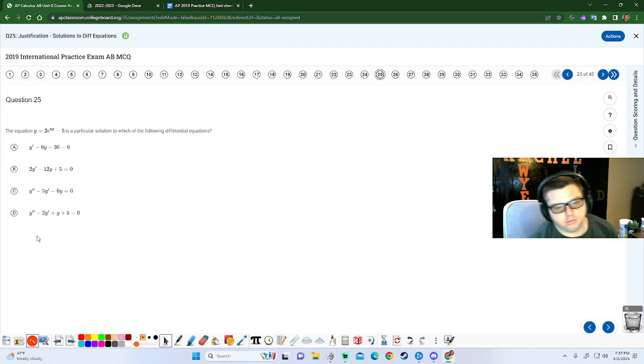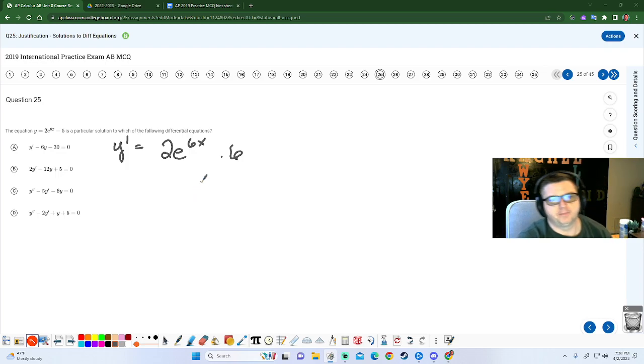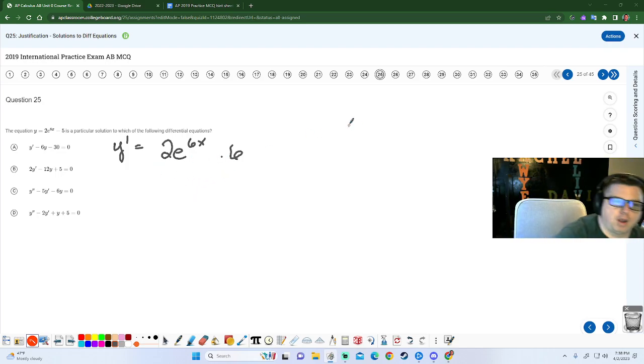Oh yeah, this one was very interesting when we had to work it out. What I need is y prime, which is going to be 2e to the x, because the derivative of e to the x is e to the x, times the chain rule, which will be 6. And then the constant falls off. So I'm sitting here with this as my y prime.